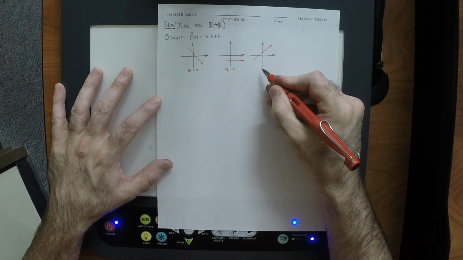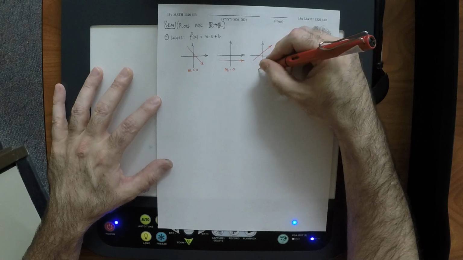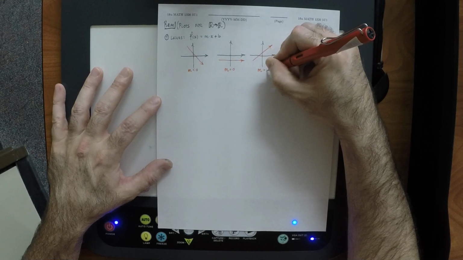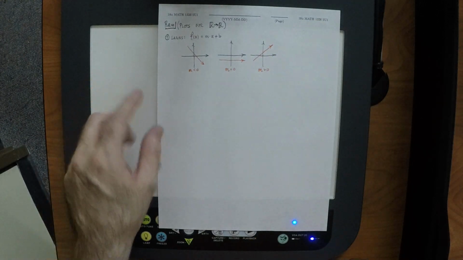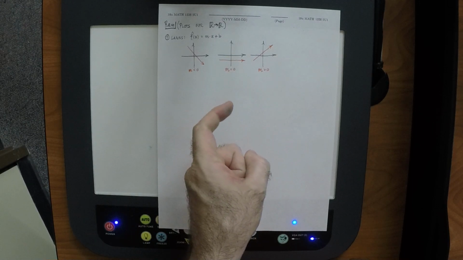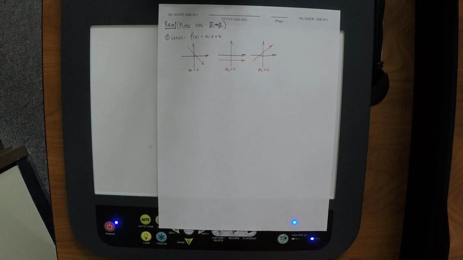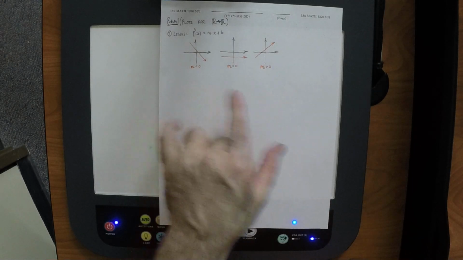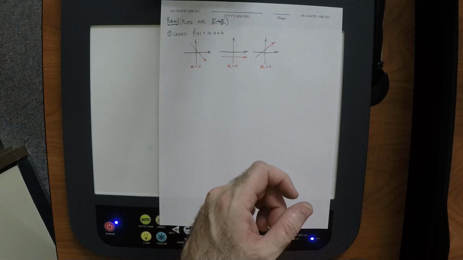And this one? Positive. So all of these lines are flat, but only the one in the middle is horizontal, according to the math reckoning of those words.